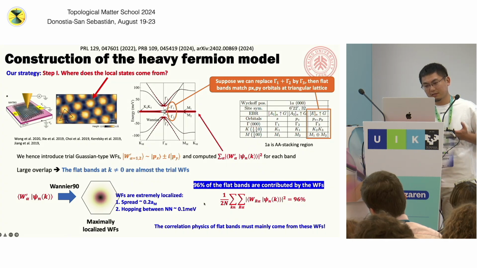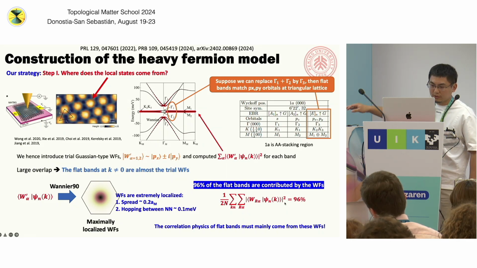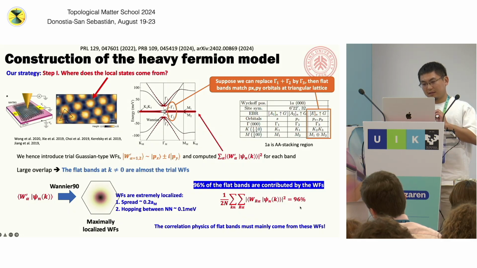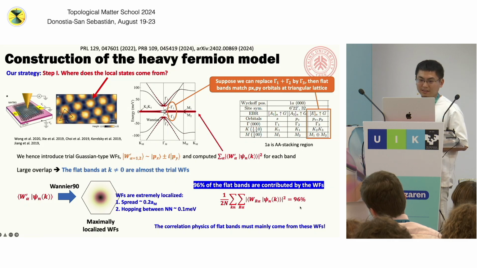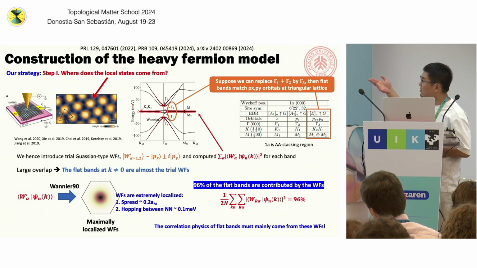And after this optimization, we found that basically 96% of the flat bands could be contributed by the localized Wannier functions. But there is 4% that cannot be written in terms of these Wannier functions. Actually, this 4% is essential for this problem, because otherwise the system will really be a quantum dot system.